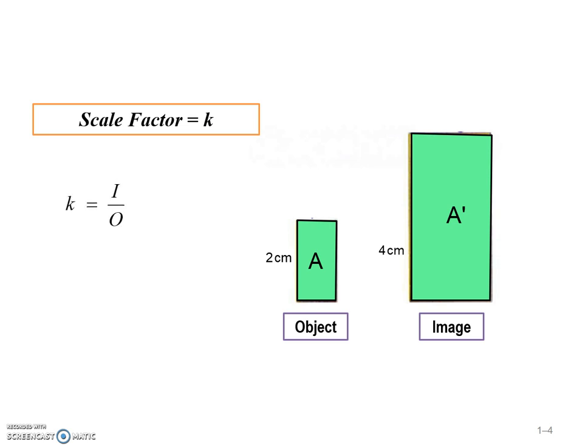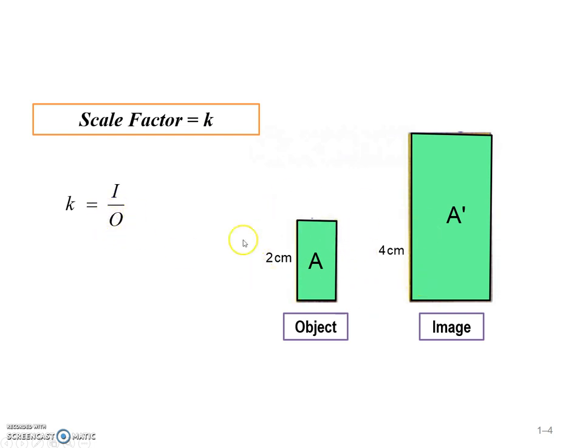The formula to find a scale factor is K equals I over O. The letter I represents the length of the image, and the letter O is the corresponding length of the object.